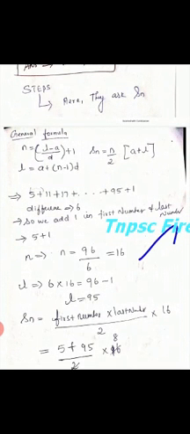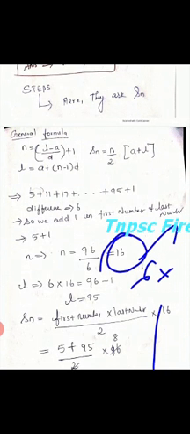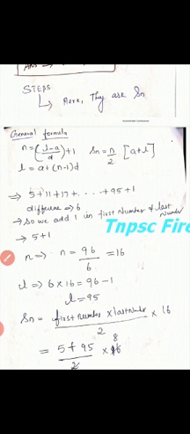Next we have to find L. For L, first number into n value, starting value into n number, we will get 96. The last value is L equal to 96. So we have to minus the 1, because we added 1 here. So we will get L is 95 for Sn.